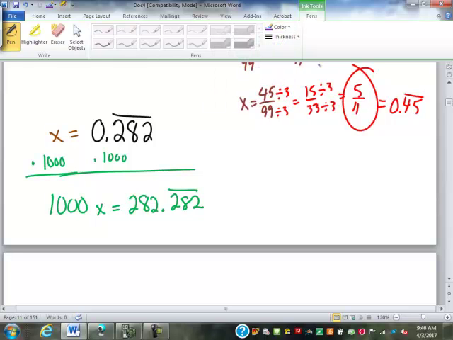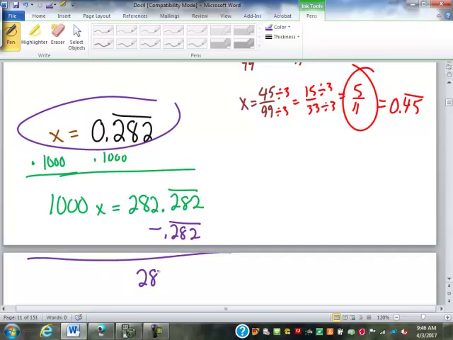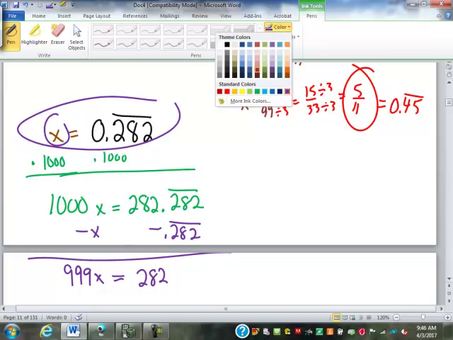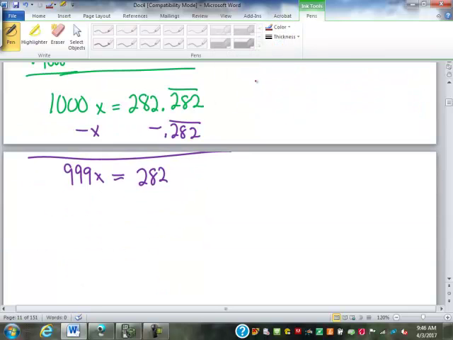What am I going to do next? Subtract the repeating part, 0.282 repeating, which leaves me with 282 on the right. On the left side, I'm going to subtract the x. 999x. Now we'll solve by, I don't know why I'm putting extra decimal points, divide by 999.